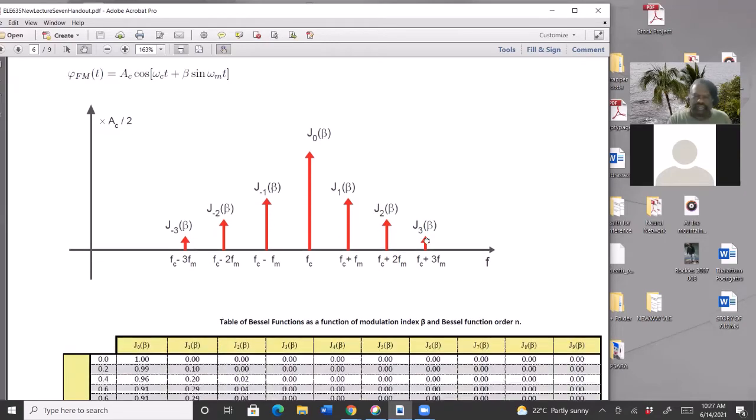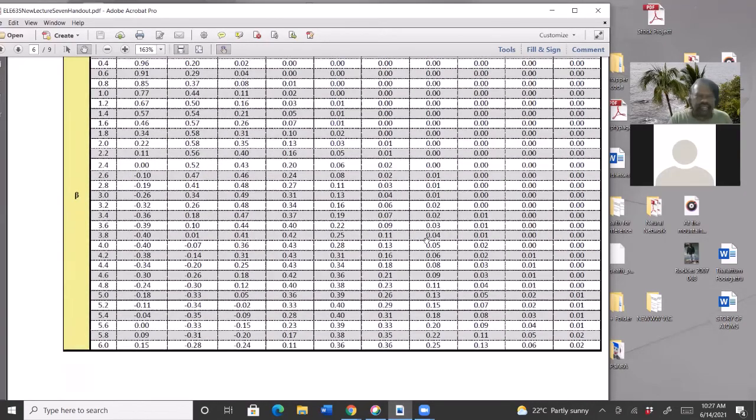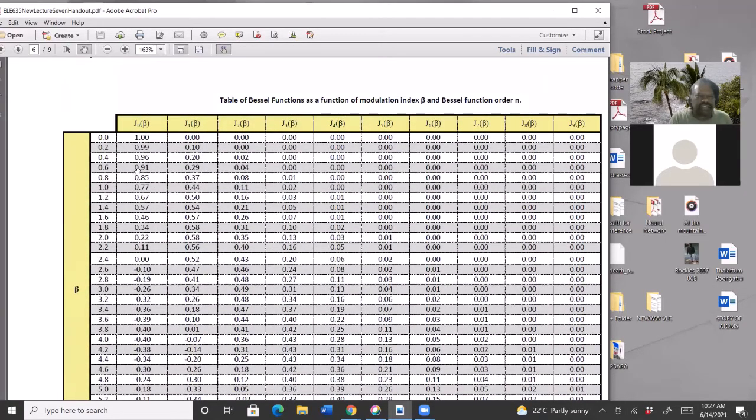So let me show you the table first. So you need to know the beta first. Look at beta is equal to 0.4. These are the beta values, by the way. See here, this is beta. And here it is the order. So J0 for 0.4 beta is 0.96.